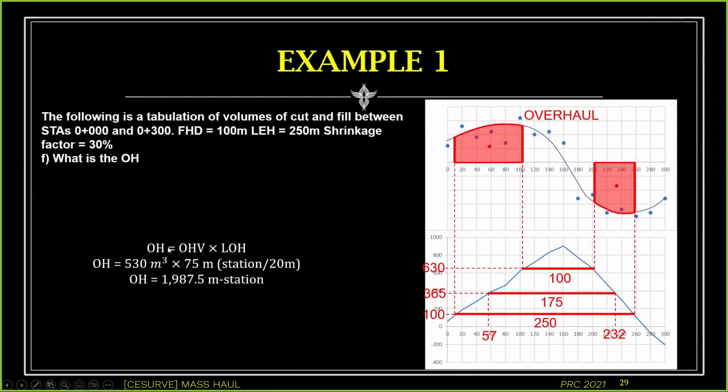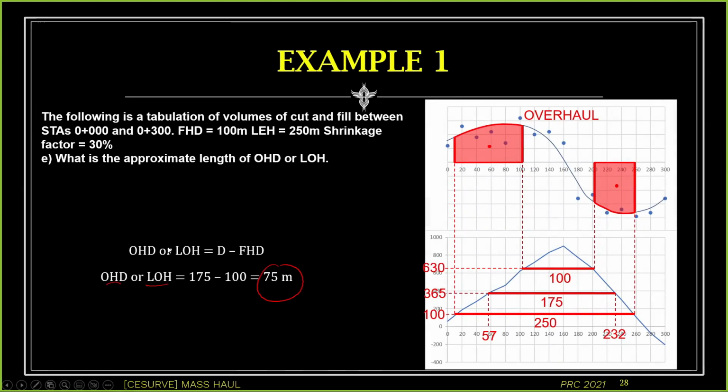So, etong 100, if this is the FHD, ito yan. Yung 175, ito yung nakuha natin kanina. The distance between the two centroids, D, 175 minus 100. So, the overhaul distance would be 75 meters. Okay? 75 meters.